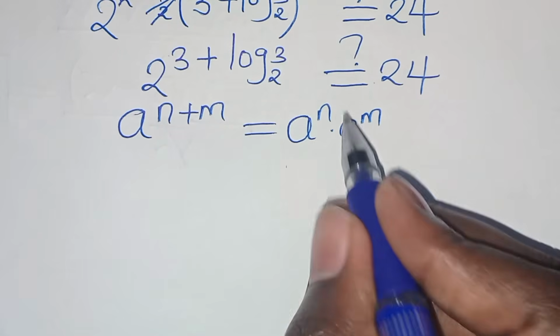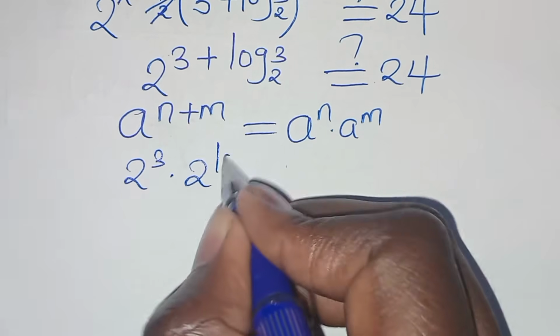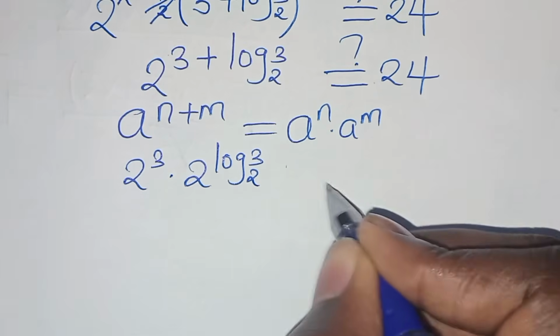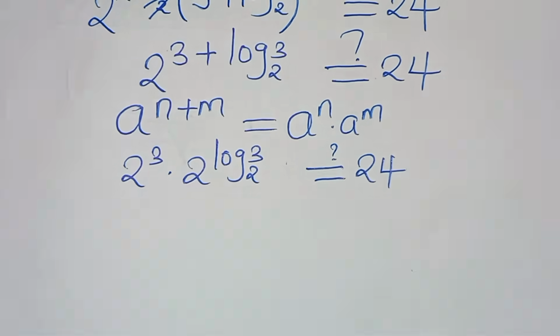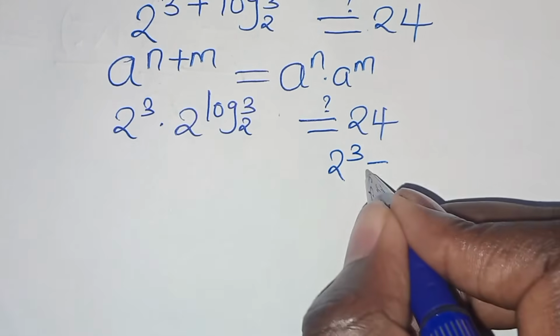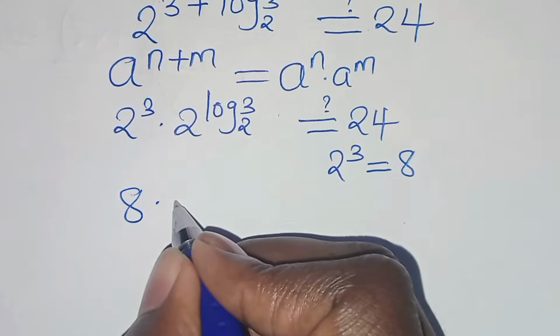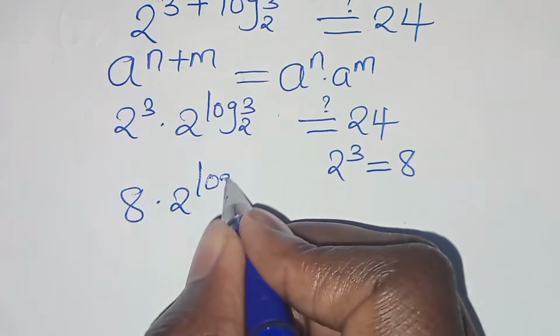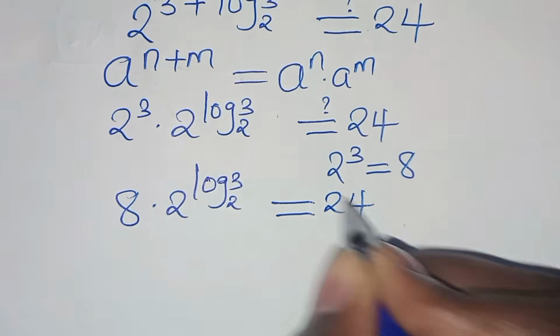Applying this exponent property, we have 2 to the power 3 times 2 to the power log 3 to base 2. Now, 2 to the power 3 is the same thing as 8. So we have 8 times 2 to the power of log 3 to base 2, which is supposed to give us a value of 24.